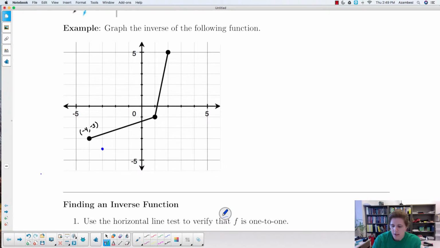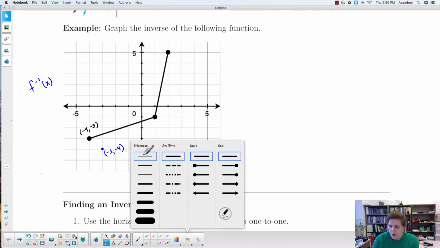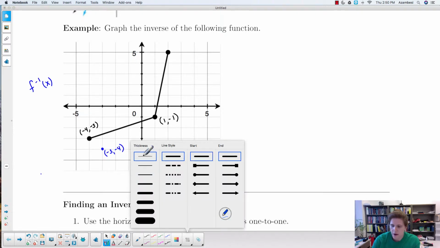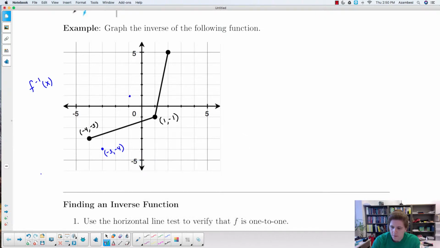So this point is going to be on f inverse. Now for notation or for your graphing purposes, I'm doing f inverse in blue. So now if I'm looking at the next point on the graph, this looks like the point (1, -1), which would mean that the inverse would contain the reverse of that, (-1, 1).